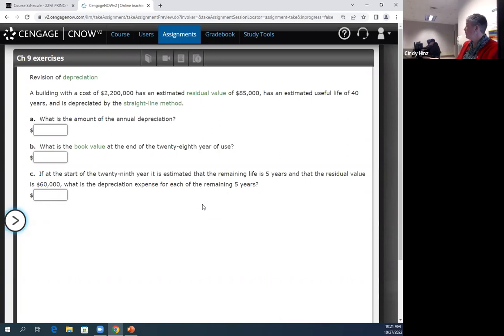We covered 3 different ways of calculating depreciation. You are responsible for all 3 of those. They are straight line depreciation, units of activity or units of production method, and then double declining balance method. So you are responsible for being able to calculate and use each one of those 3.